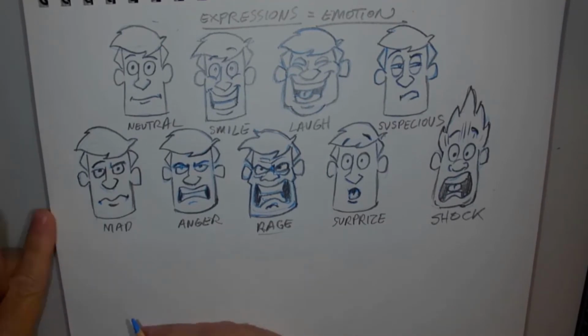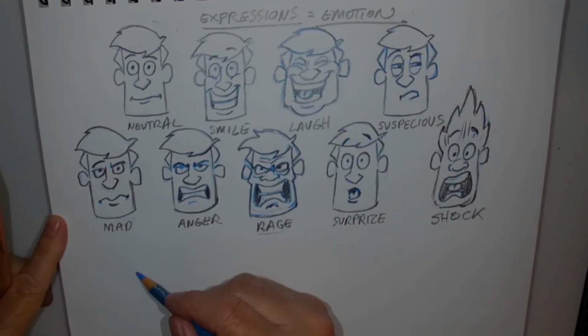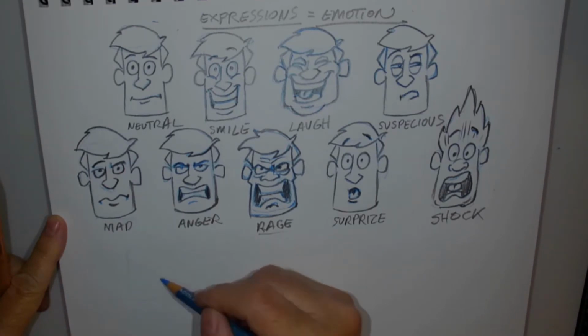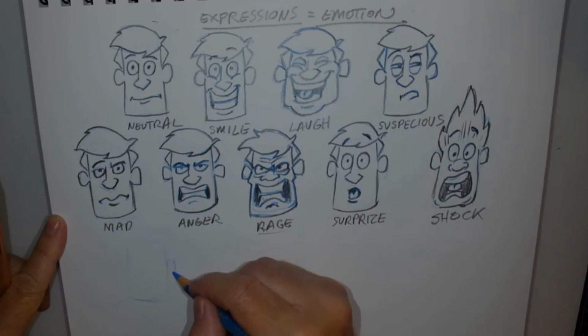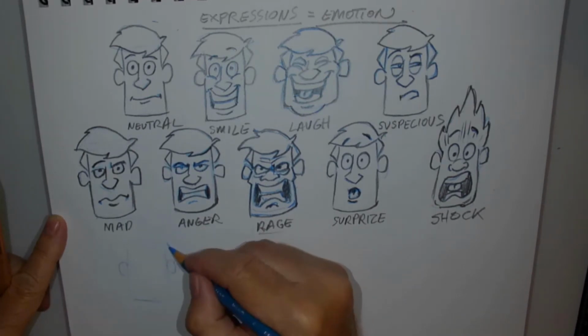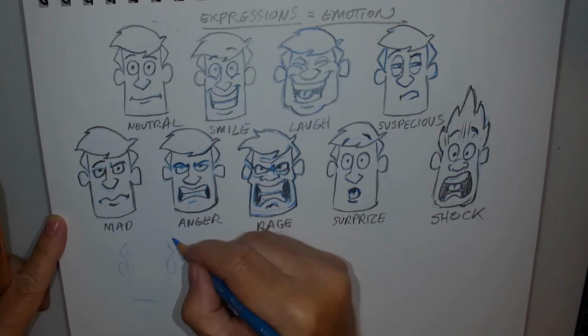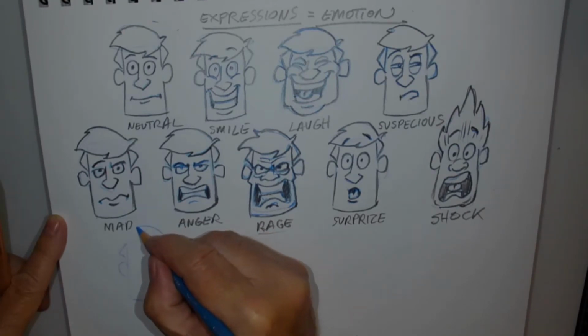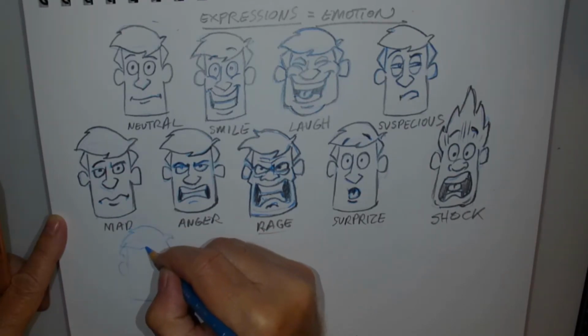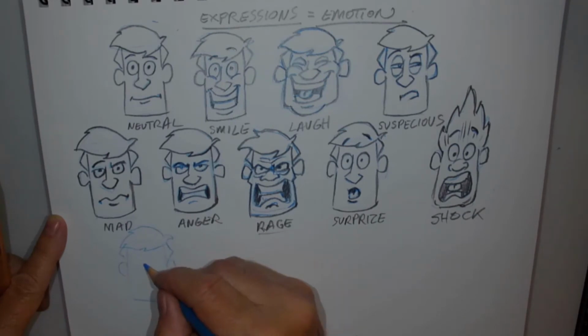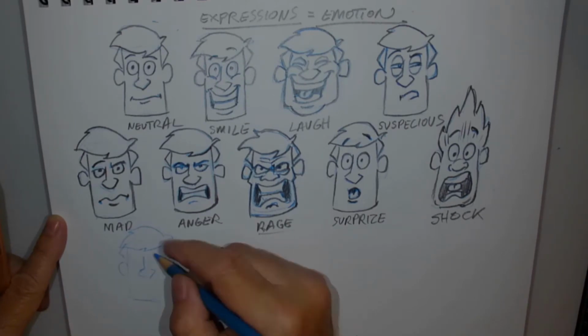So let's go the other way here. I'm going to be able to fit all these ones in. Yeah, I'll start about here. So on this one, same character. And on this one, I'm going to do the opposite of the happy.